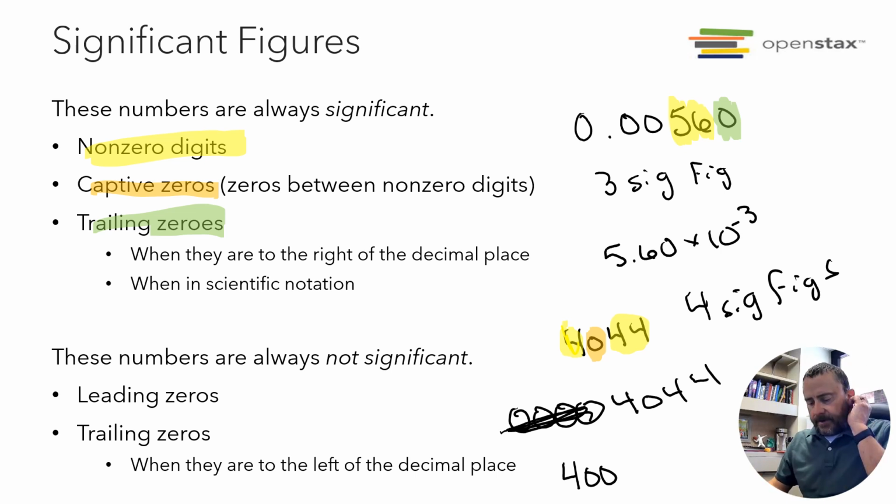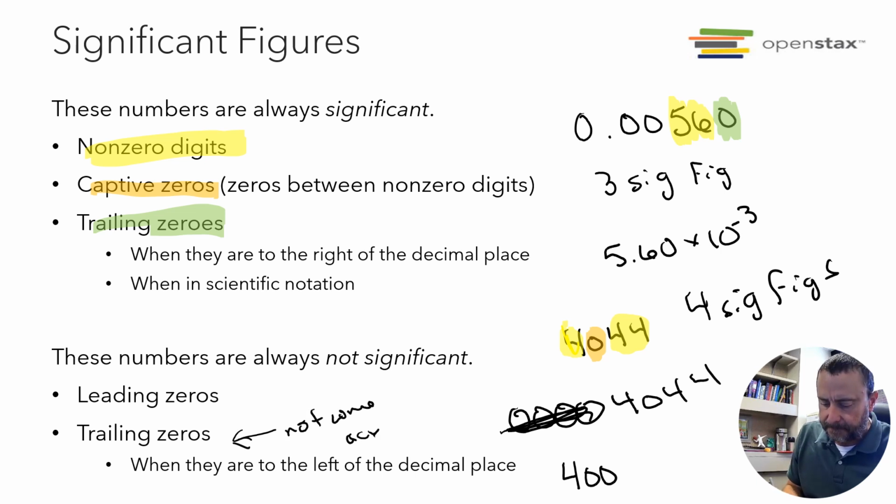Those zeros there really aren't significant, and so we don't like to write numbers like this, and we're not going to come across this much, because those zeros are very ambiguous. They don't tell us a lot of information. They're confusing, so we're going to try to ignore them as much as possible.